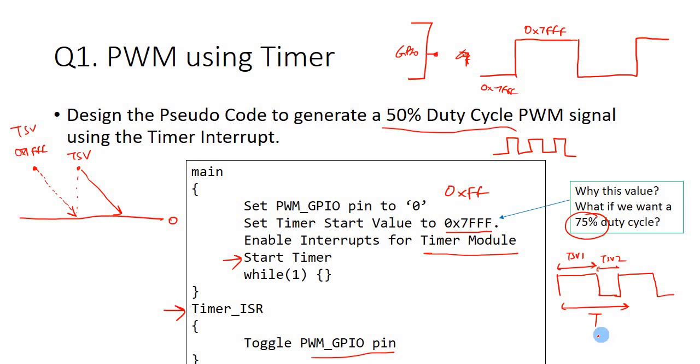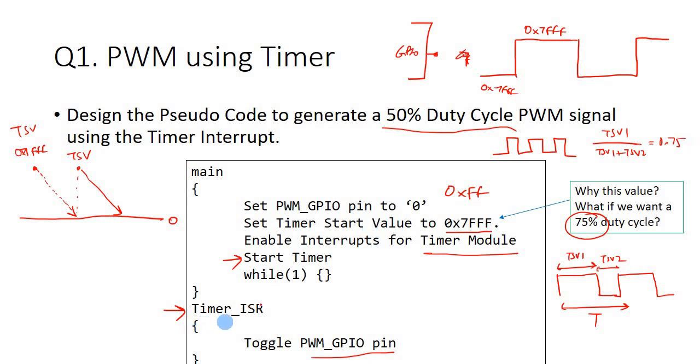These two values must be such that TSV1 over TSV1 plus TSV2 equals 0.75. I can choose any values, but they must satisfy this condition so that I am able to fulfill a 75% duty cycle.